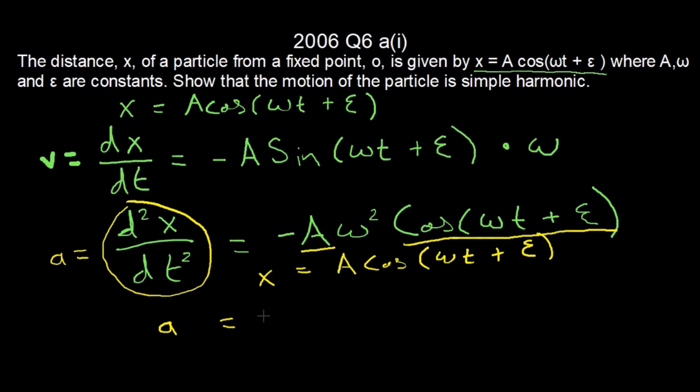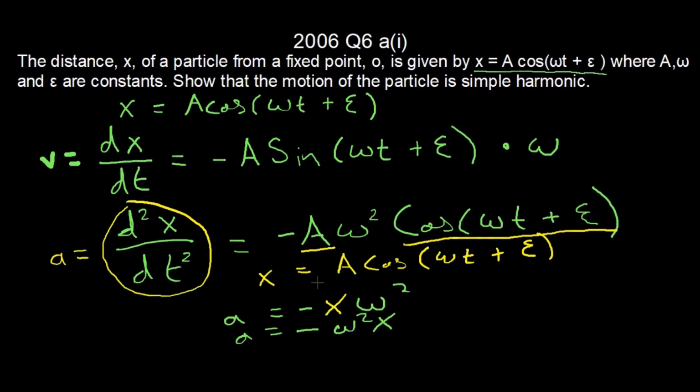So you get a is equal to, we're going to substitute in x, so we have minus, and then a cos omega t plus epsilon becomes x, but we still have omega squared there. We're going to leave that there. So we have minus x omega squared. You can also write this as a is equal to minus omega squared x.